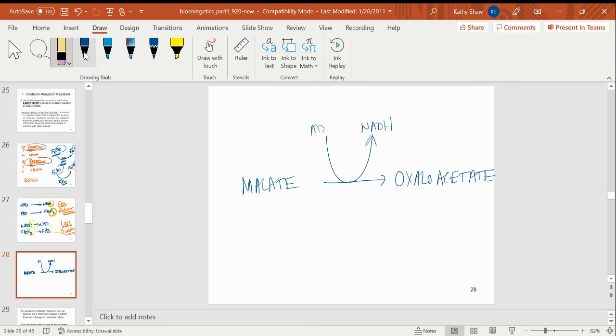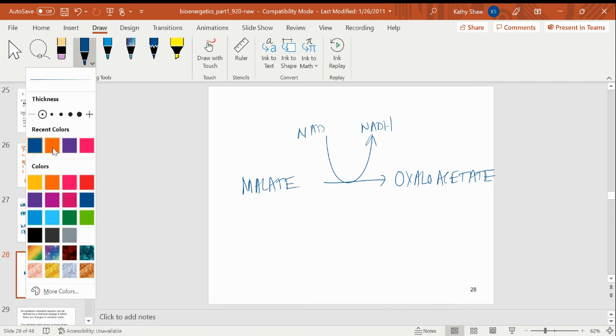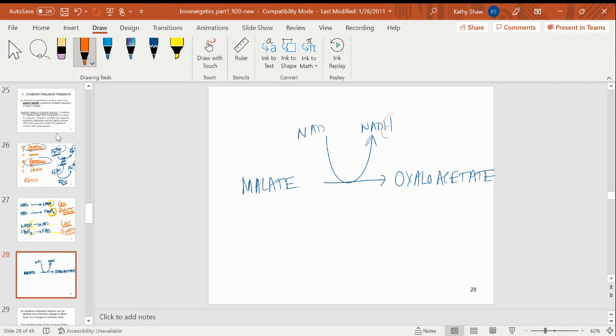So my question for you is this, right off. What kind of reaction is malate going to oxaloacetate? Well, I don't know. You said we're not even going to do the structures of them for a while. But you do know. And here's why you know. Where's my hydrogen? It's right there.